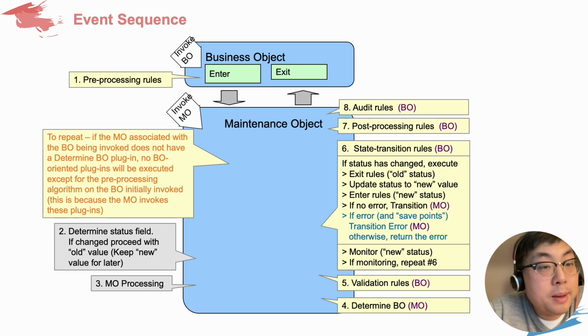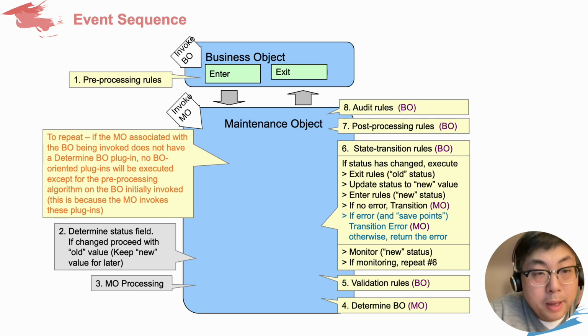And then the second thing it does is something hidden in the maintenance object. It will need to look at what is the current status of the maintenance object. And probably that makes you feel a bit odd, because you have never seen these things happening.